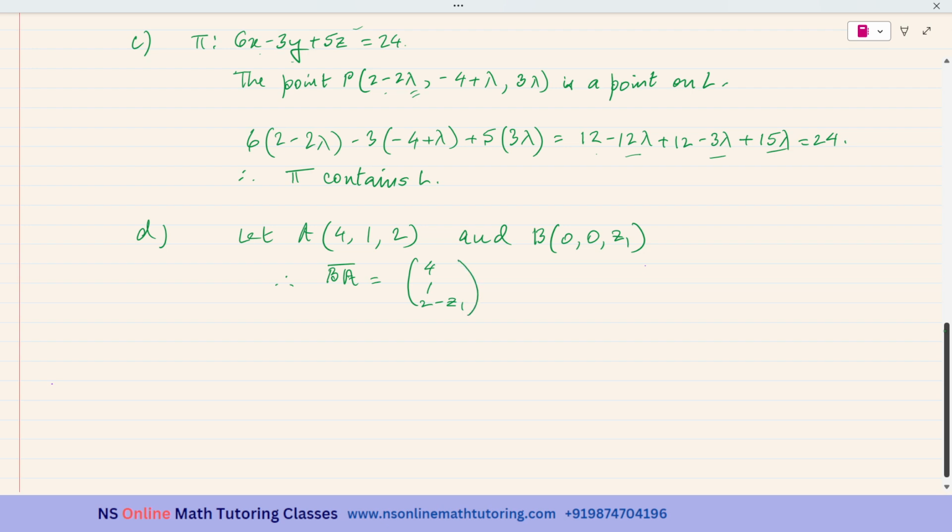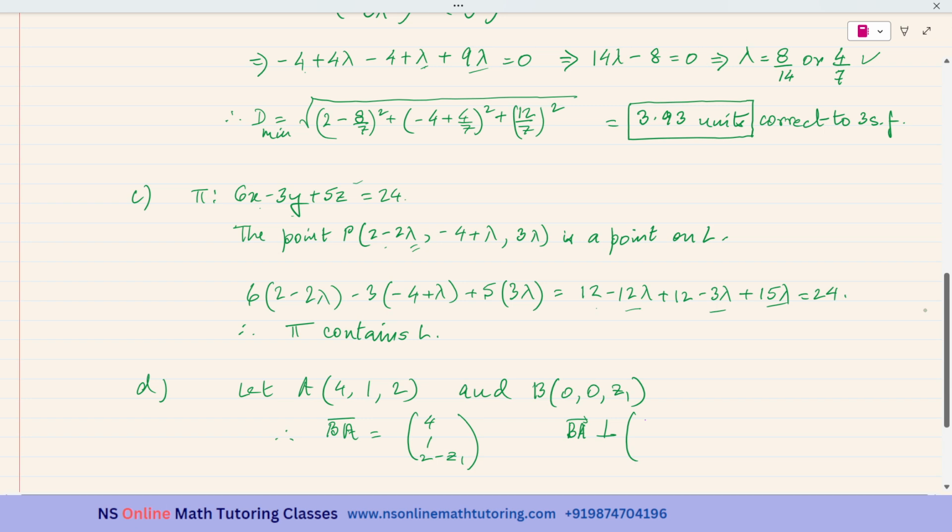And BA vector should be perpendicular to the normal vector to the plane pi. And what is the normal vector? This is 6, negative 3 and 5.